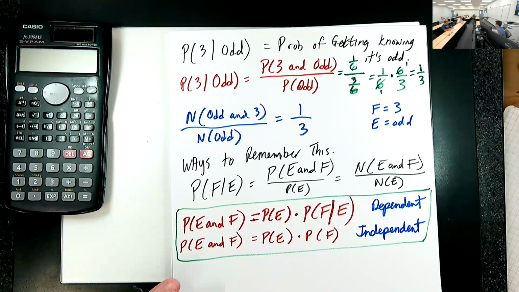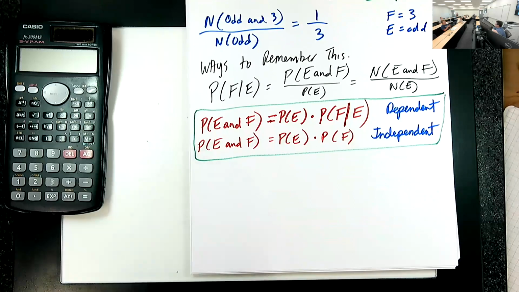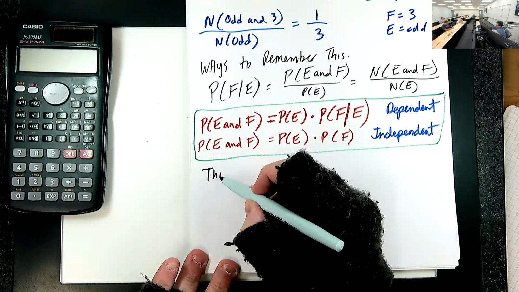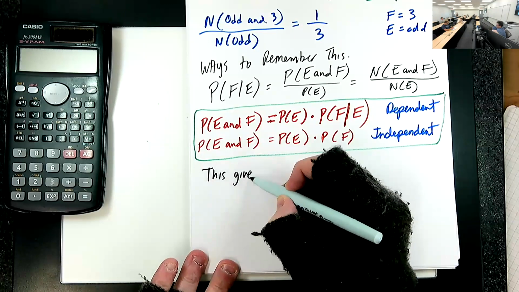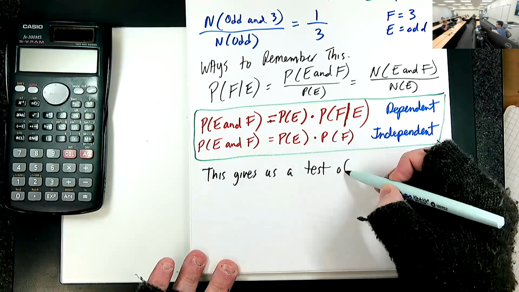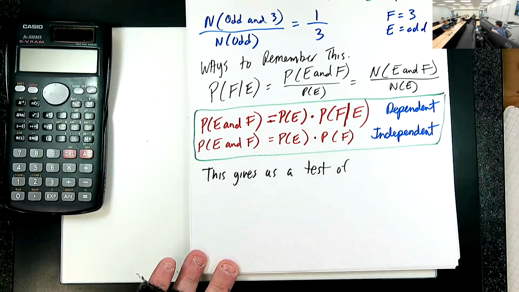This is actually kind of neat. This gives us a test for dependence. Well, a test for independence, really.